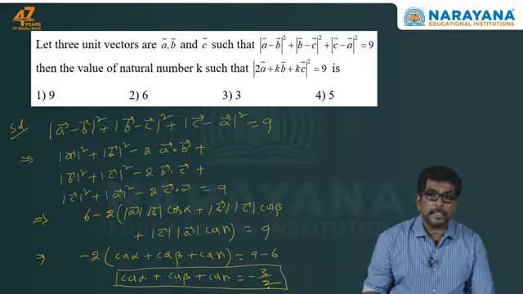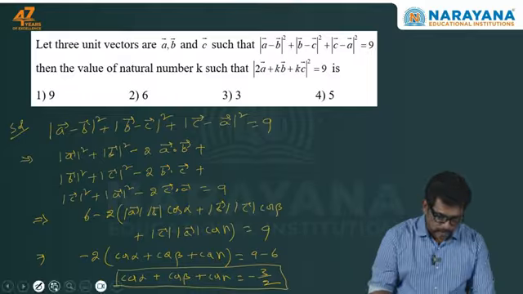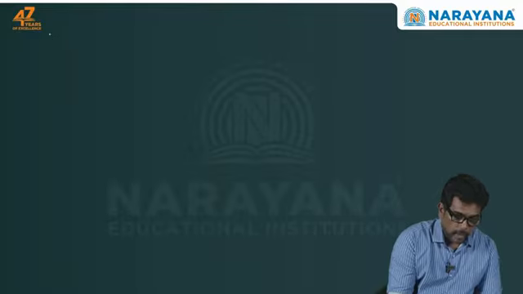Now what they are asking: mod 2a bar plus kb bar plus kc bar whole square is equal to 9. Then they asked the value of k.